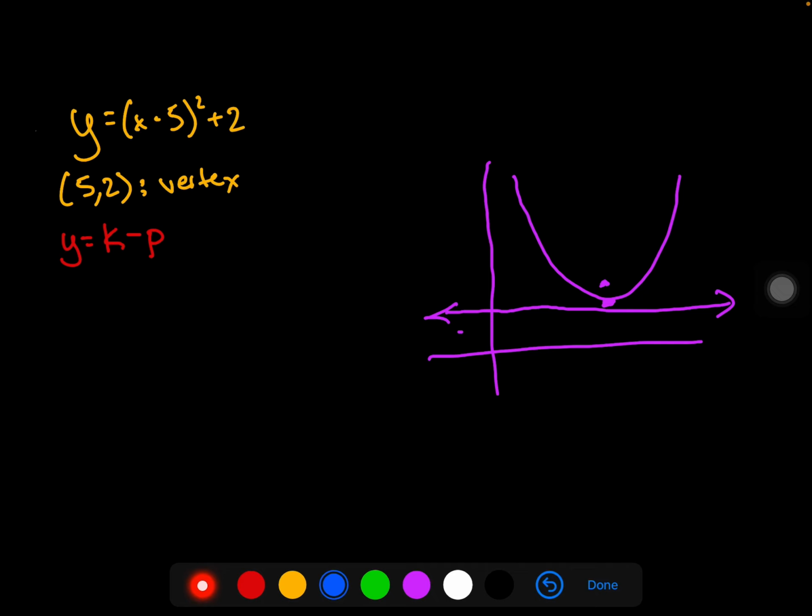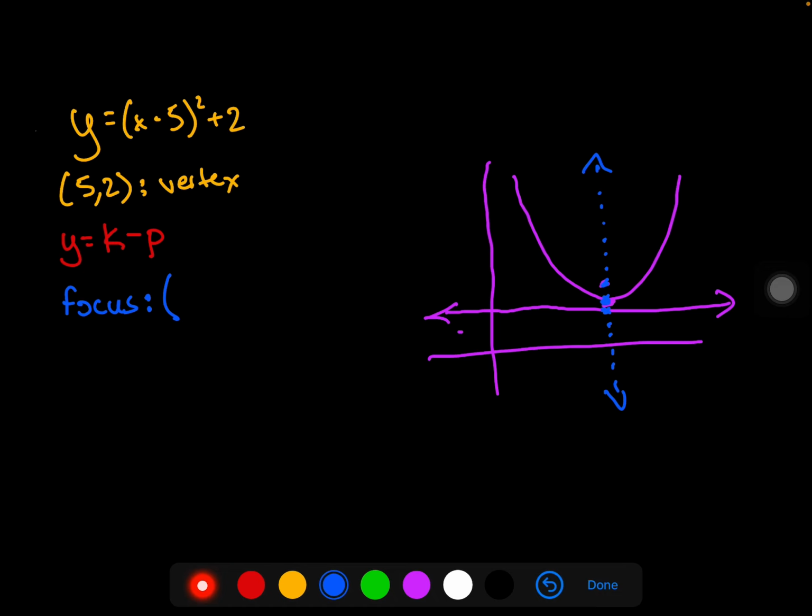And then the focus inside the parabola, well, we know that's equidistant from the vertex. We know it's a point, so we're not going to have y equals. It's just going to be a point value. We know that the x value is on the same vertical line there. This is called the axis of symmetry. It's on that same vertical line as the vertex.